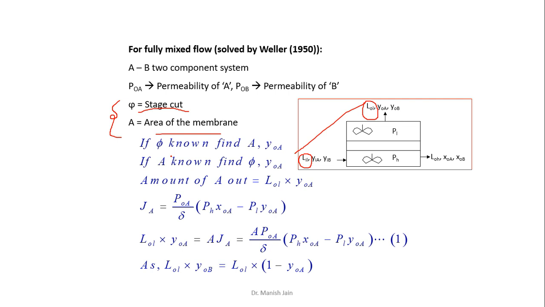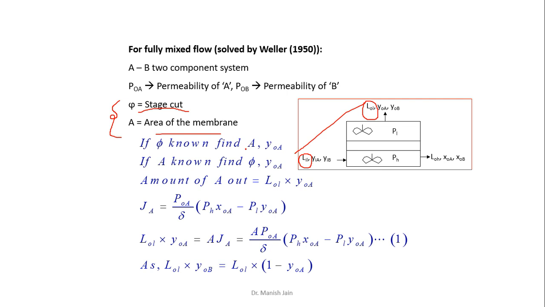So we have to develop a mathematical model where, if you know the area A, you can calculate the stage cut, or if you know the stage cut, you can calculate the membrane area.